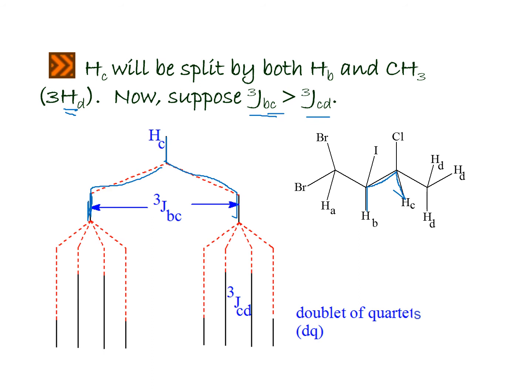Now, we have 3 HD. 3 plus 1 is 4. So each line will be a quartet, 1 to 3 to 3 to 1. And what we will see is a doublet of quartets.